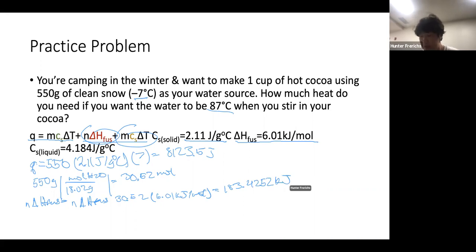Next you want to find the last heat value, for water in the liquid state, which is mass times specific heat of liquid water times delta T. That is 550 grams times the specific heat of water, 4.184 joules per gram degree Celsius, times your delta T, which is 0 to 87 in this case, so 87 degrees Celsius.